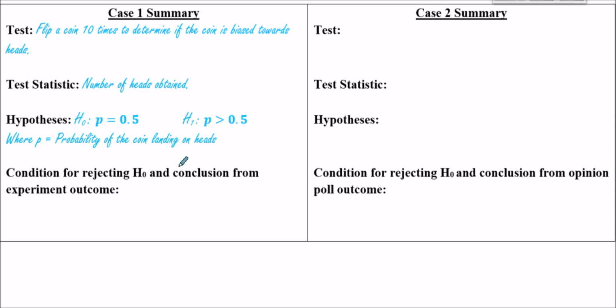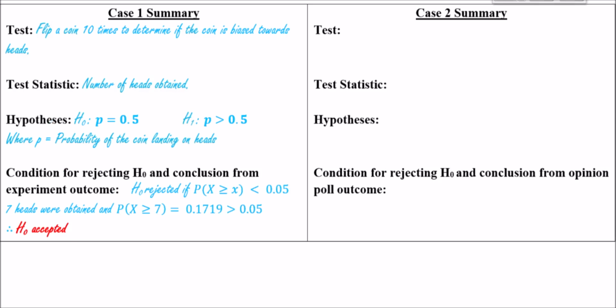The condition for rejecting H0 and the conclusion from it: H0 is rejected if the probability of our statistic being equal or greater than a particular number is less than 0.05. 7 heads were obtained, and the probability of the test statistic being 7, 8, 9, or 10 was 0.1719, which can be worked out from the tables by doing 1 minus the figures. That's about 17% chance, which is definitely bigger than 5%. In other words, 17%, although fairly unlikely, isn't that low, so we accept H0, the coin's probably okay.